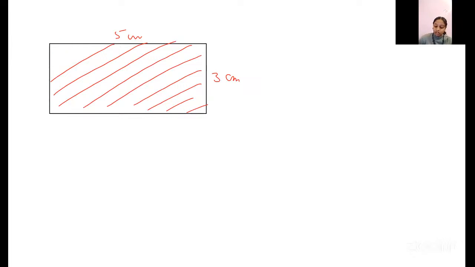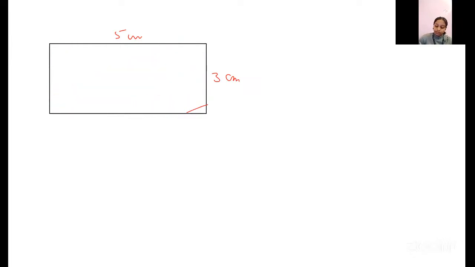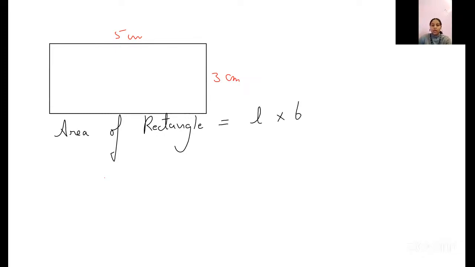So you can write down: area of rectangle equals length into breadth. Hope this is clear to you.